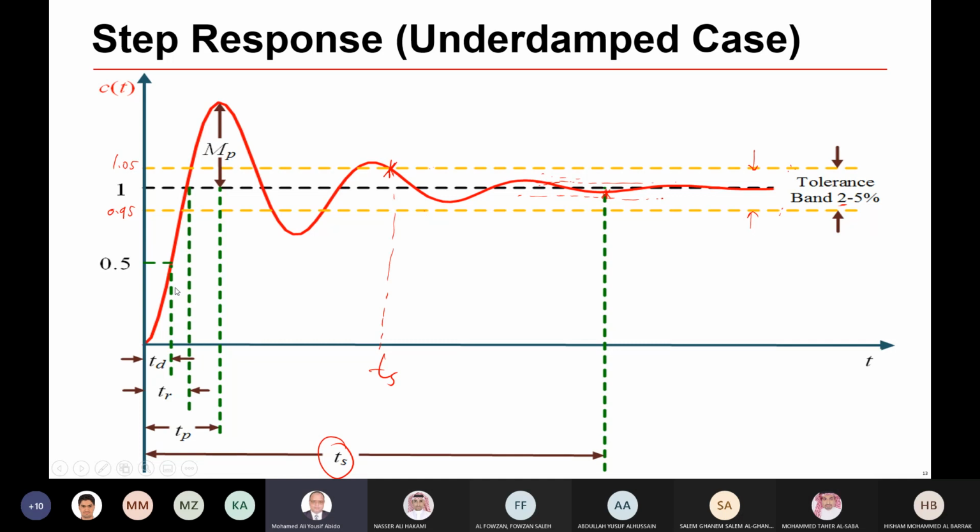If you have a mechanical system and you increase the speed of the motor or any device by 10%, 20%, 50%, it may destroy the device. You need to minimize the overshoot. You also need to minimize the settling time. You need to reach the steady state faster. You need to minimize the delay time. You need to minimize the rise time, and so on.